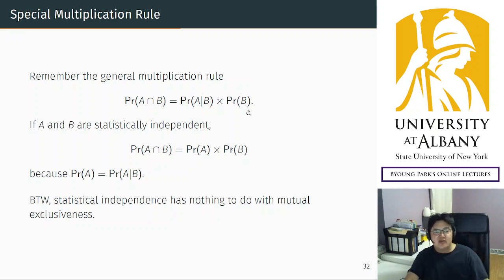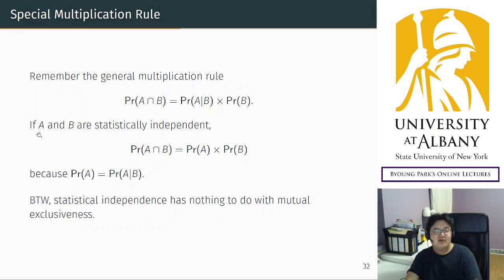Another interesting result based on statistical independence is the special multiplication rule. It is called special because the general rule is written this way. The general rule writes the probability of intersection as a conditional probability times a simple probability. But the conditional probability is not clean.